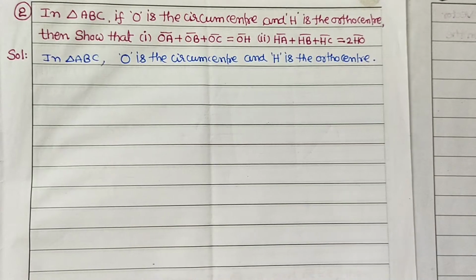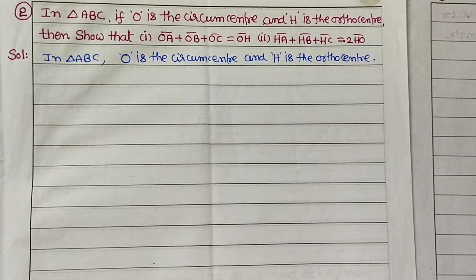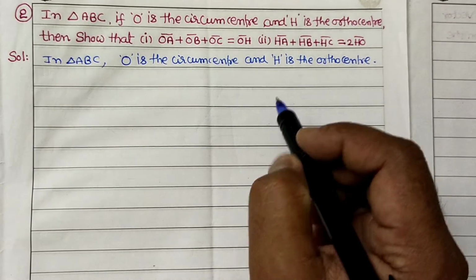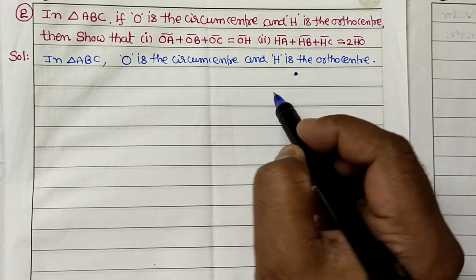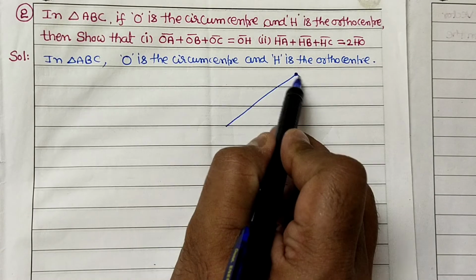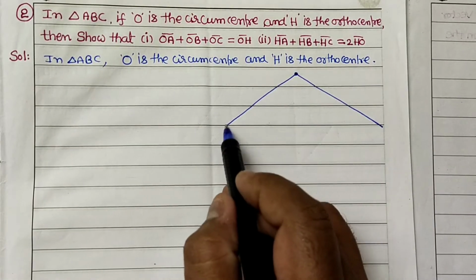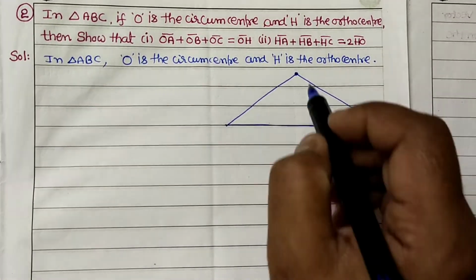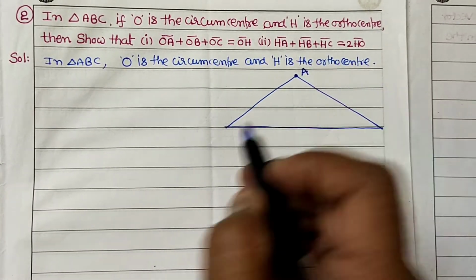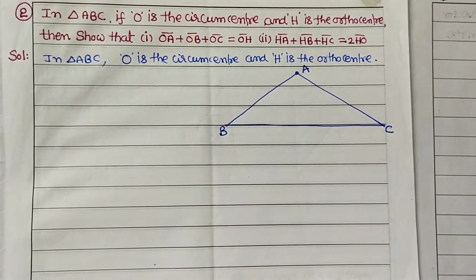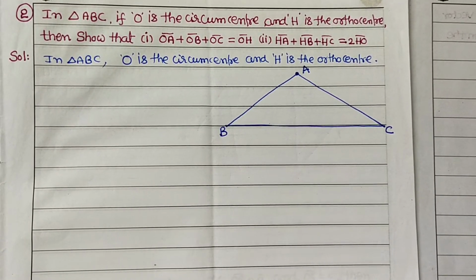This is the information from the question. After that, you have to draw the figure. A, B, C. Don't write directly H value, O value.